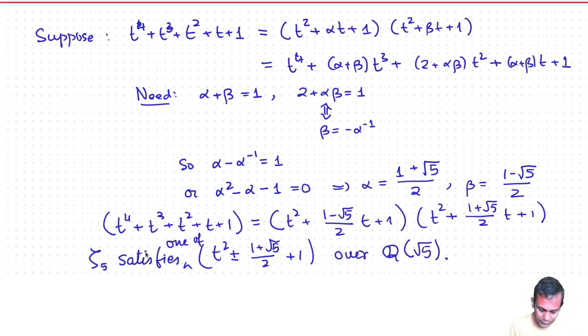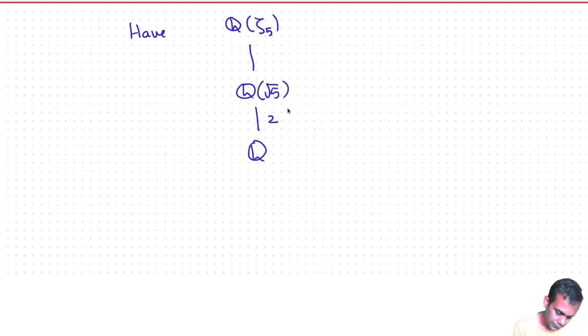So that's our intermediate field, Q adjoin root 5. So we have Q(zeta 5) lies over Q adjoin root 5 lies over Q, and each of these is of degree 2, and so zeta 5 is constructible.